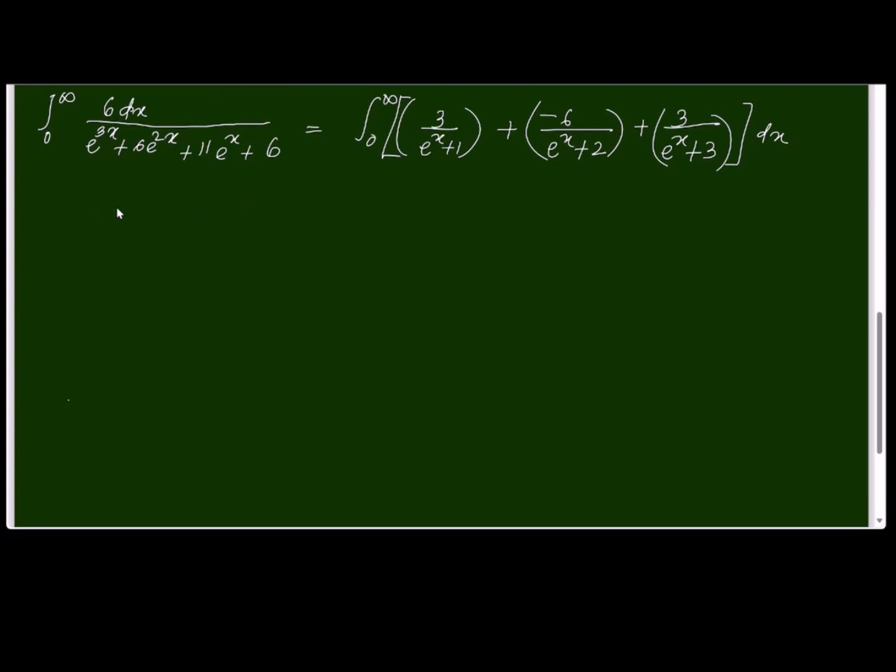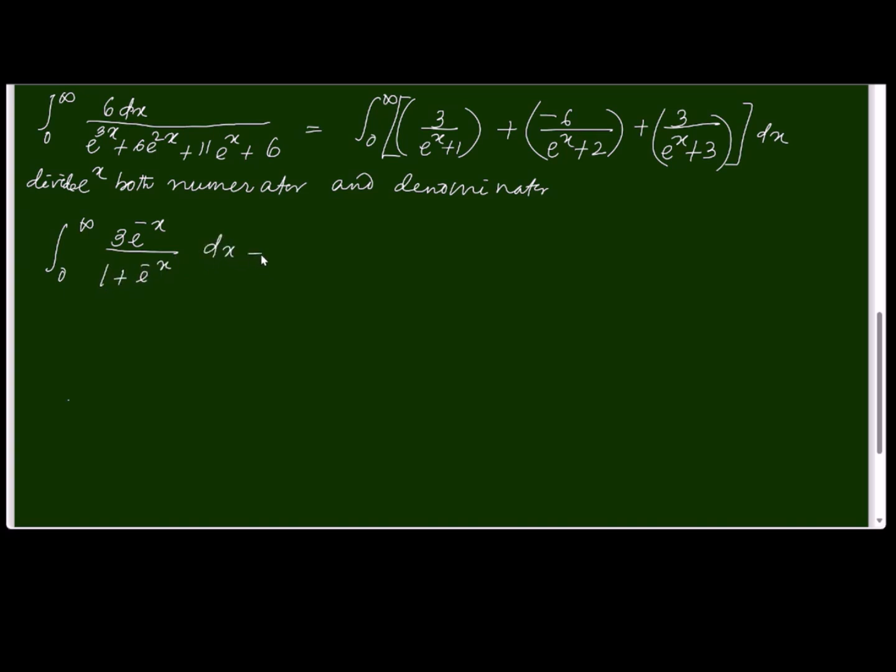So we'll go one by one. Here we'll divide by e to the power x in both numerator and denominator. Then we'll get, from 0 to infinity, the first one: 3 e to the power negative x over 1 plus e to the power negative x dx.